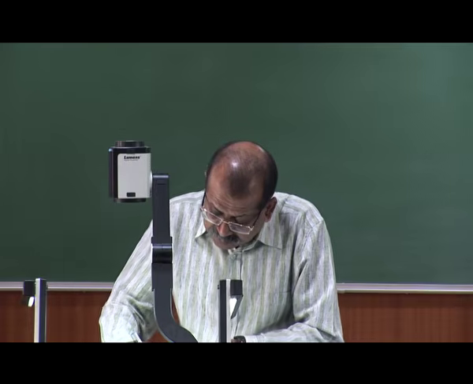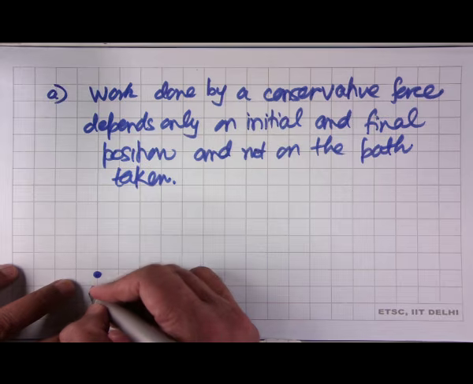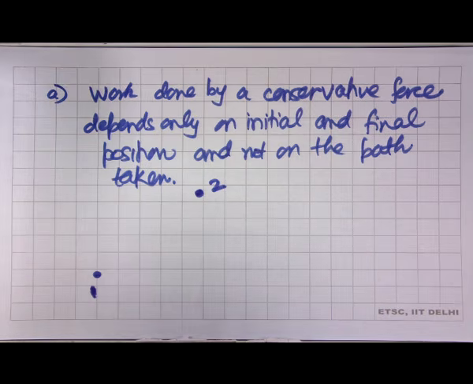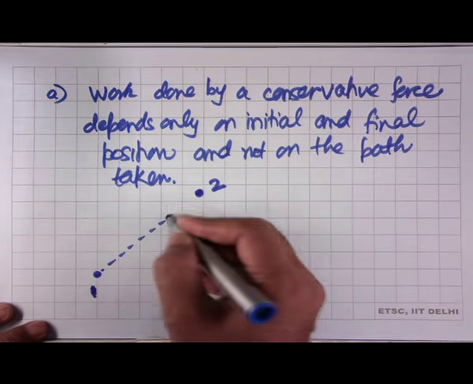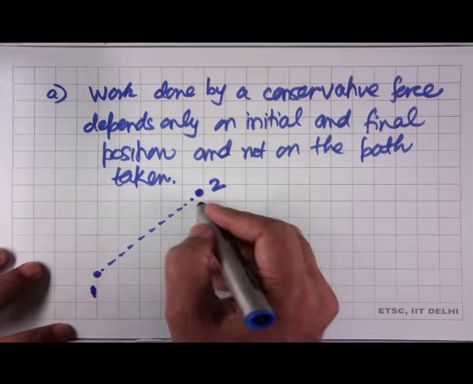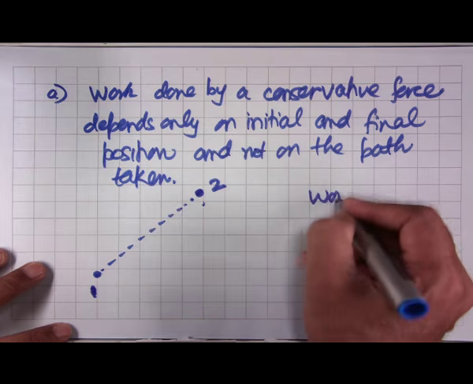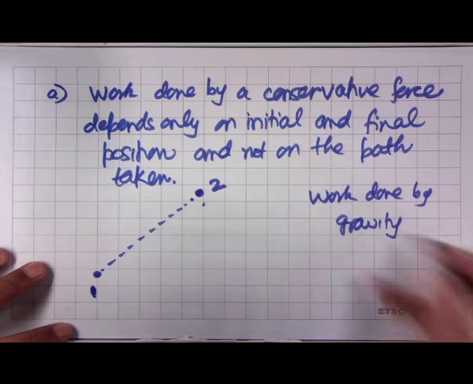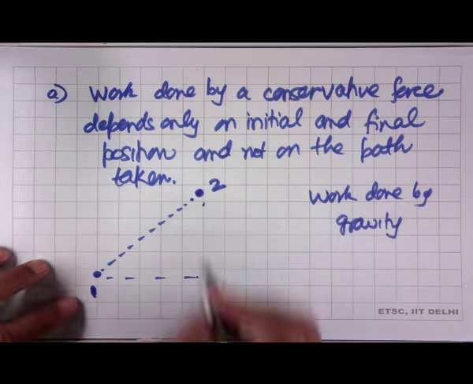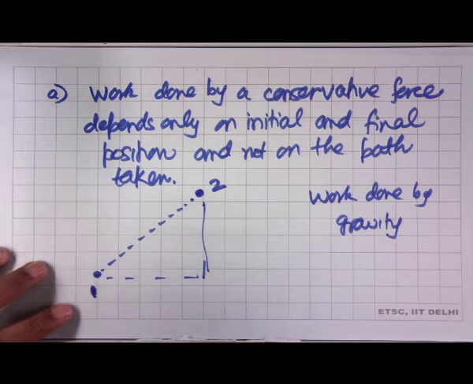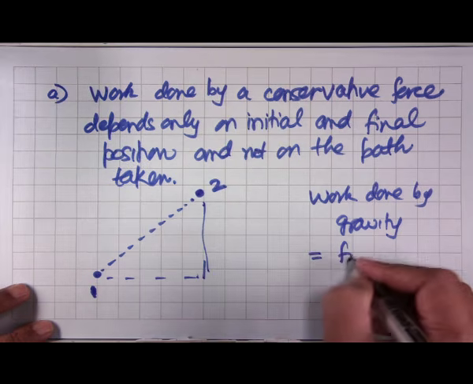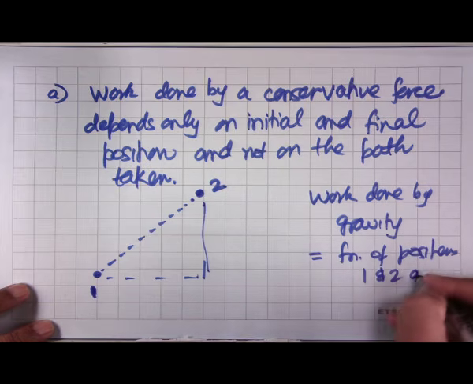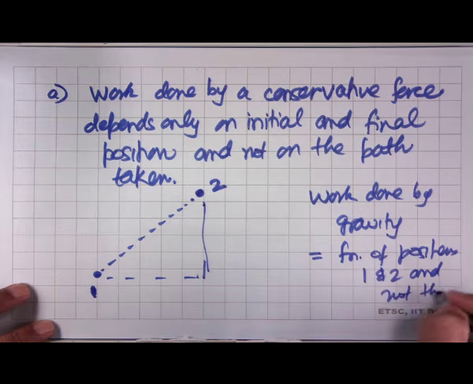For example, if we have a body which is moved up from position 1 to position 2, up an incline, here the work done by gravity will be just a function of positions 1 and 2 and not the path.